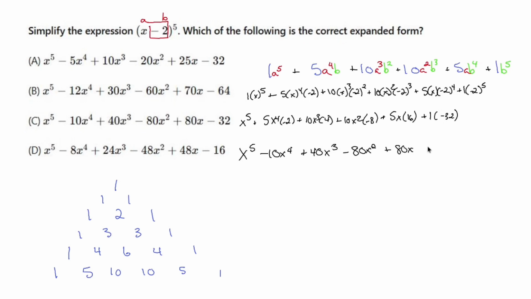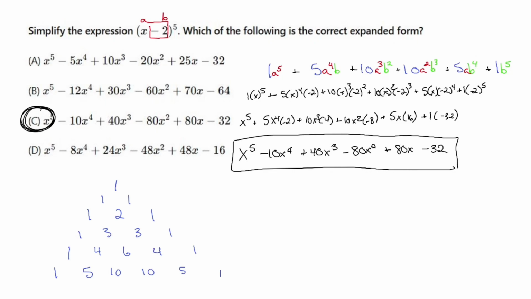And then 1 times negative 32 is minus 32. So x to the fifth minus 10x to the fourth plus 40x cubed minus 80x squared plus 80x minus 32 is going to be C. So, not pleasant, but we did it.